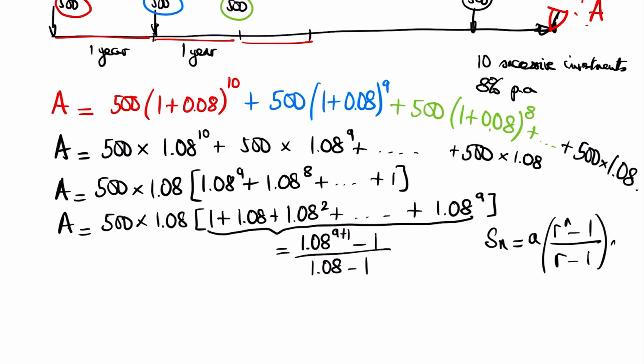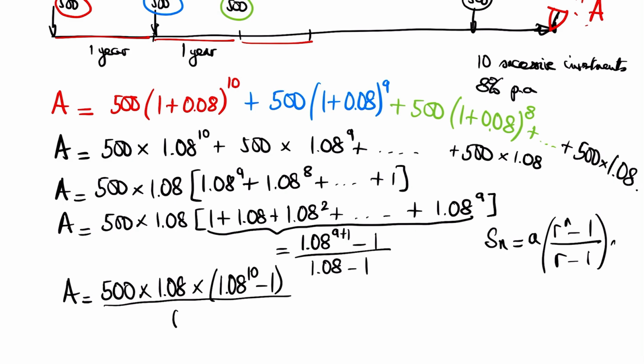So therefore A is equal to 500 times 1.08 times (1.08 to the power of 10 minus 1) over (1.08 minus 1), so it's 0.08.